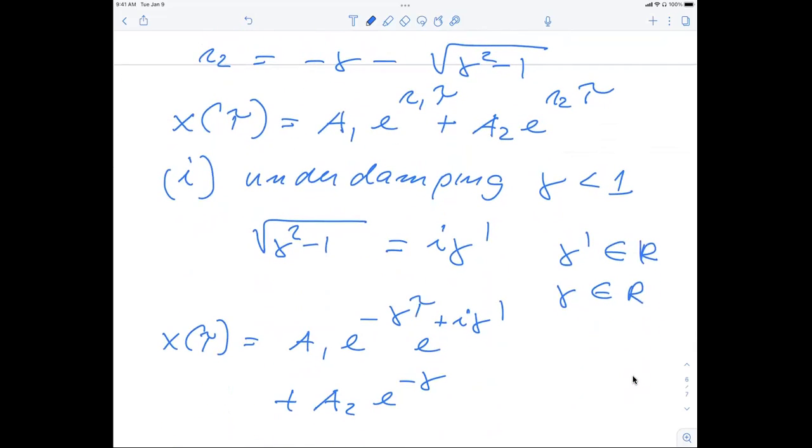It should be gamma times tau. And then an e to the minus i times gamma prime times tau.